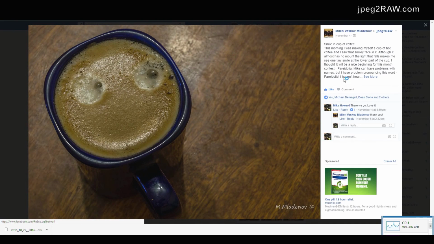by Millen. This is where you see a face or something like that in an object that's not meant to be there. So as you can see here, got little eyes and a little mouth in his coffee. You need to be looking for where you see some kind of eye or other thing like that.